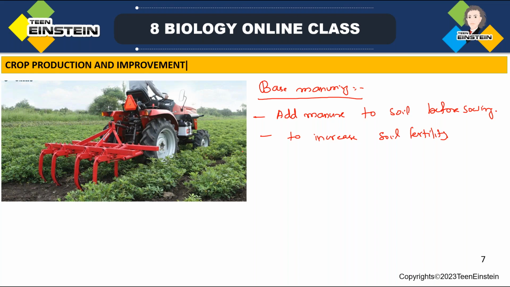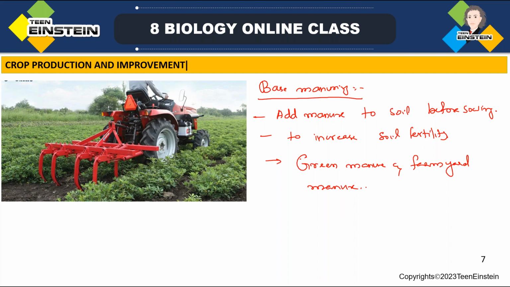Okay, so here first it's better to use green manure and farmyard manure. Green manure and farmyard manure are the best things to use for the basic manure, or base manuring is done with green manure and farmyard manure.